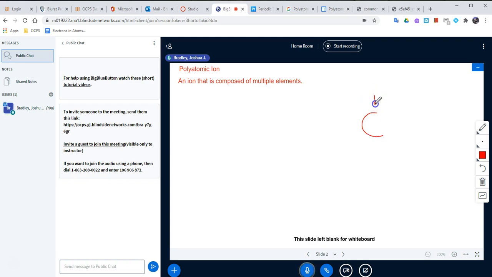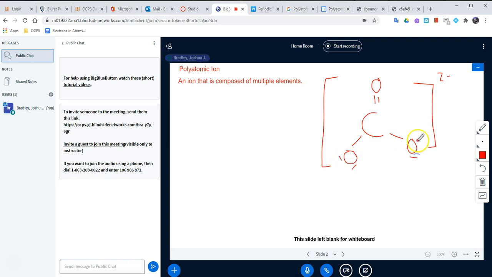The carbonate ion has 1 carbon, 3 oxygens, and this entire compound has a double bond and a charge of 2 minus. So that means that when all of this comes together, we're going to have a 2 minus charge.